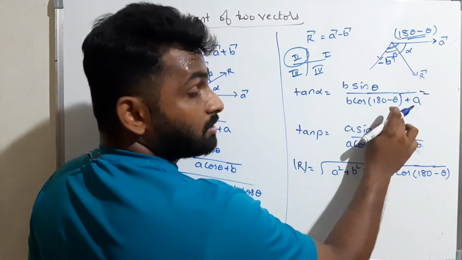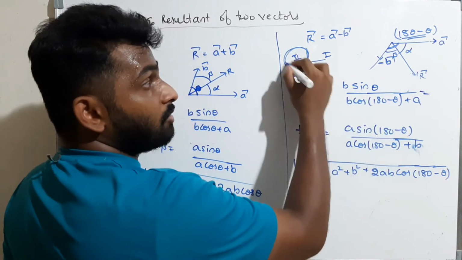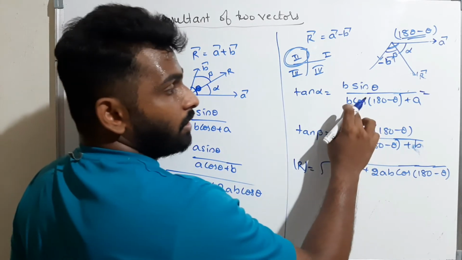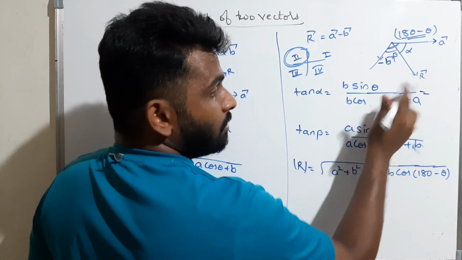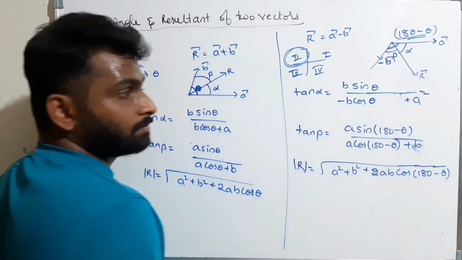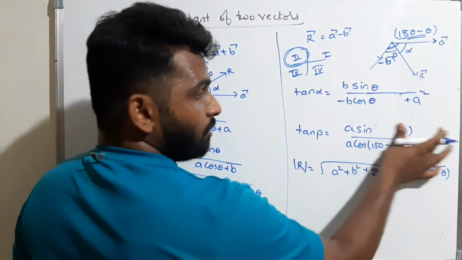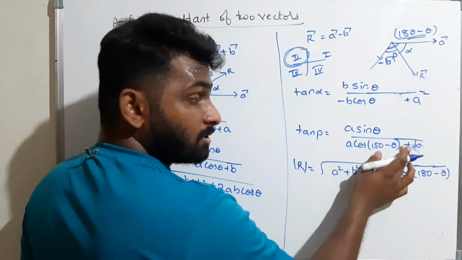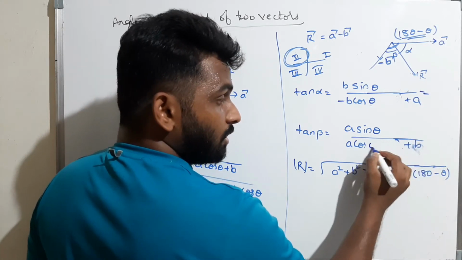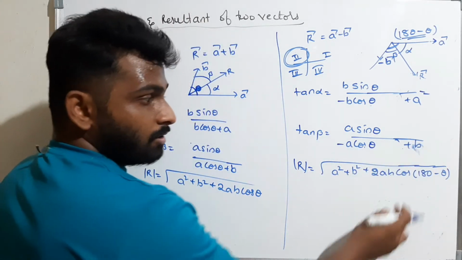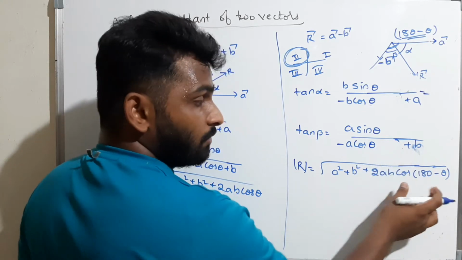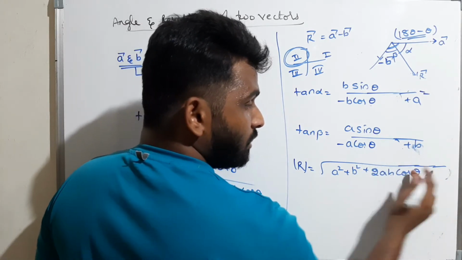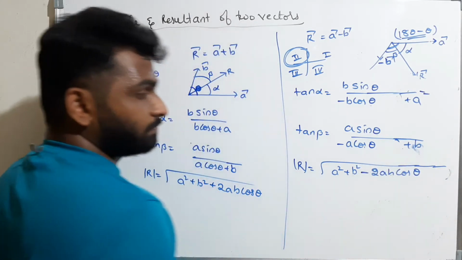And cos (180 minus theta), in this second quadrant, cos value is negative. Therefore, I can write cos theta but with a minus. Now here also, sin (180 minus theta) I can write as sin theta, but cos (180 minus theta) is nothing but minus cos theta. Now here cos (180 minus theta) is nothing but minus cos theta. Therefore, I can write this one as cos theta, but here it will become minus.